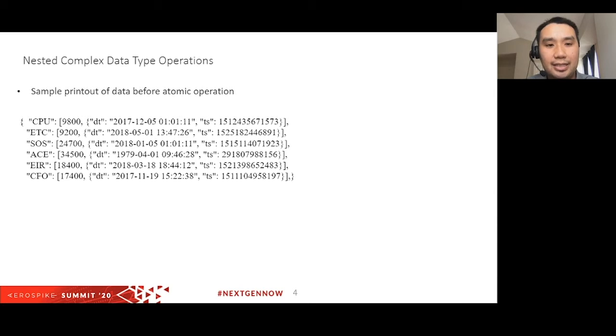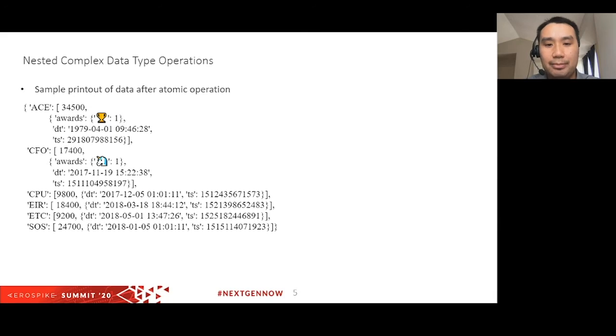You can see that the ETC user got the lowest score of 9200, and the ACE user got the highest score. The second element of the list is a nested map within this nested list, and it shows two key pairs in this nested map, one corresponding to a datetime timestamp and one corresponding to a Unix timestamp.